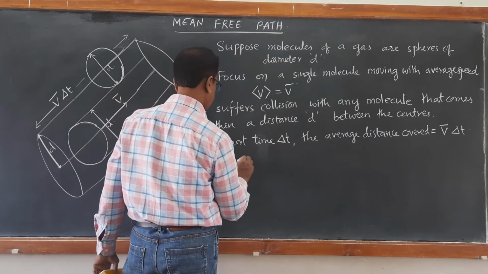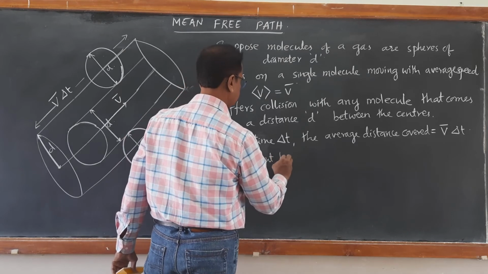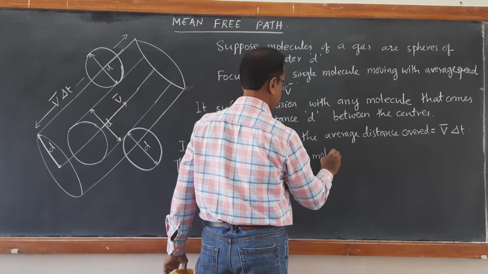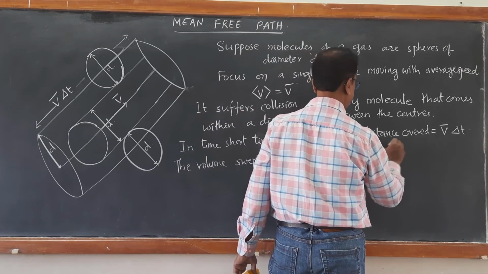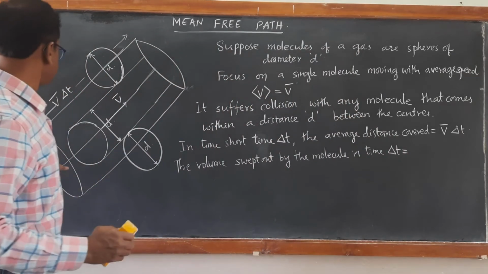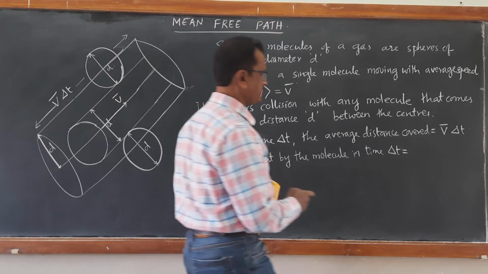Volume swept out by the molecule in time delta t will be the area of the cylinder multiplied by its length. Area of the cylinder is pi d square.